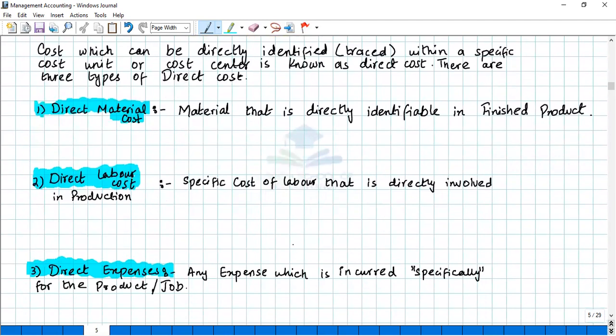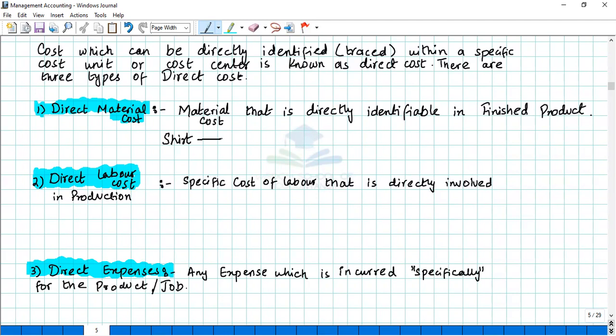The first one is direct material cost. So what is direct material cost? Material cost that is directly identifiable in the finished product. So what does that mean? Now let me give you an example. Let's say you go to a shopping mall and you see a shirt. The shirt is a product, a finished unit.